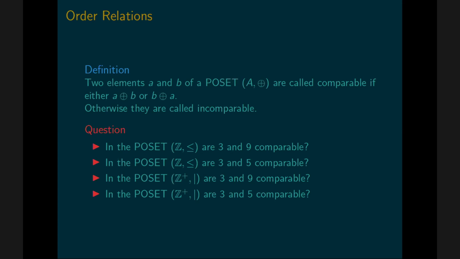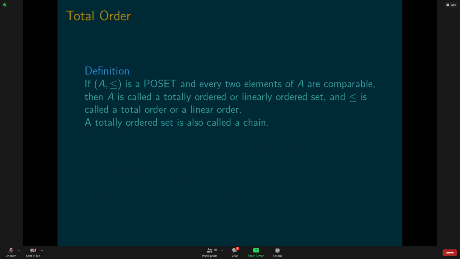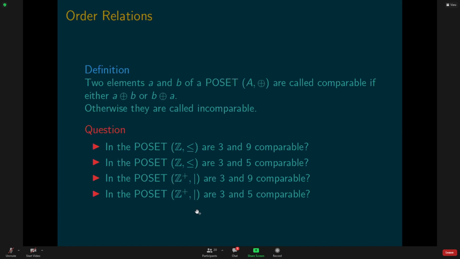They're not comparable. Neither 3 divides 5 nor 5 divides 3, right? So they're not comparable. So it cannot be a relation also, right? So why? It cannot be an element of a poset, because 3 cannot be divided by 5, or 5 cannot be divided by 3.